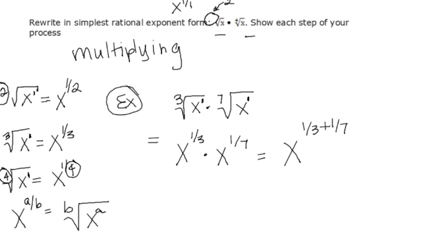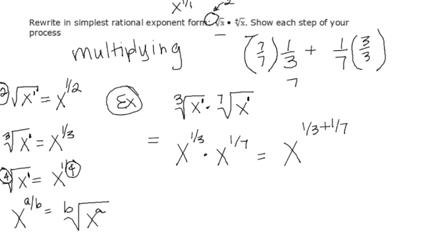Now, we remember back from elementary school that if we are adding fractions, we must have a common denominator. So a common denominator between 3 and 7 would be 21. So quite simply, I could just multiply this fraction by 7/7. I could multiply this fraction by 3/3.